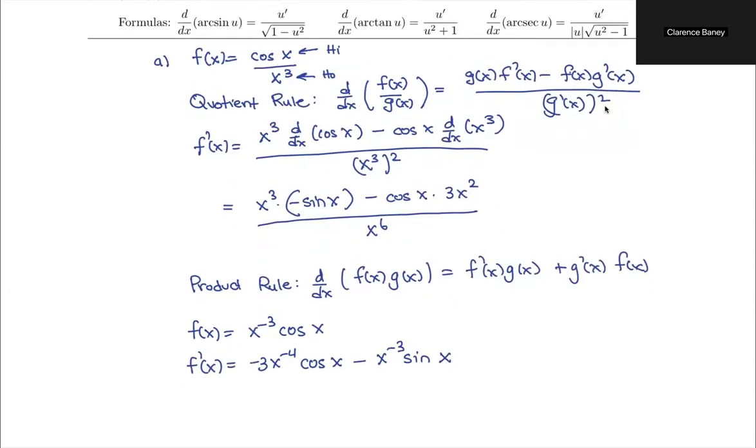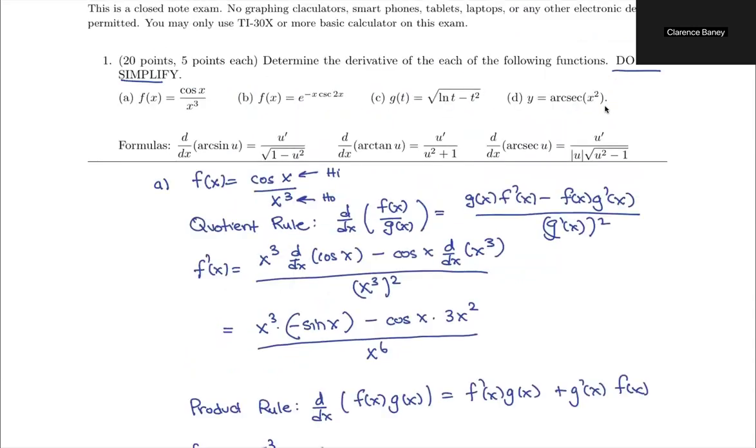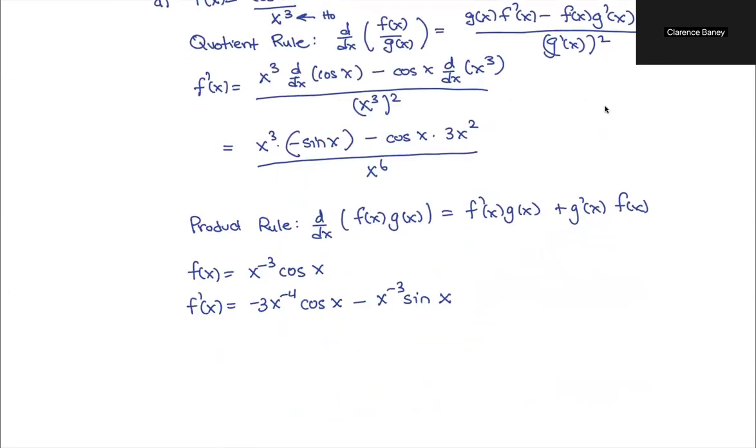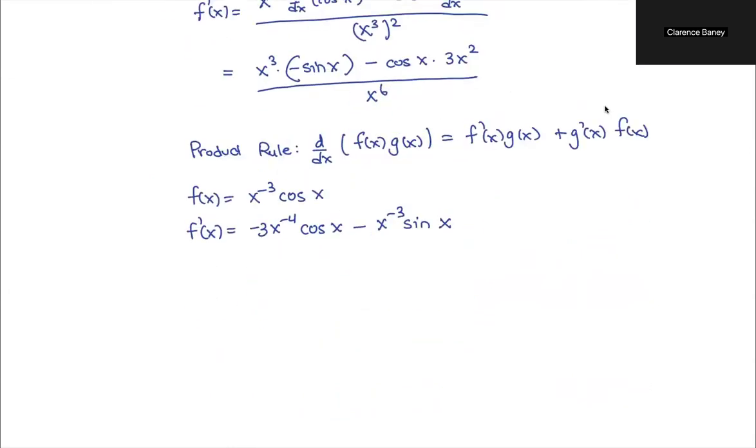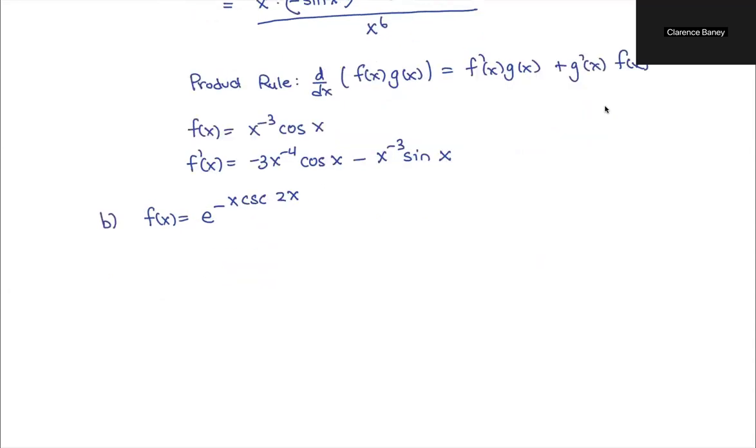Our next question was the f of x is equal to e to the negative x cosecant of 2x, so part B. F of x is equal to e to the negative x cosecant of 2x. And what's important here is that you understand that you're dealing with an inner and an outer function.